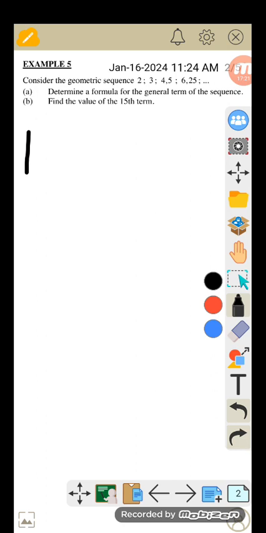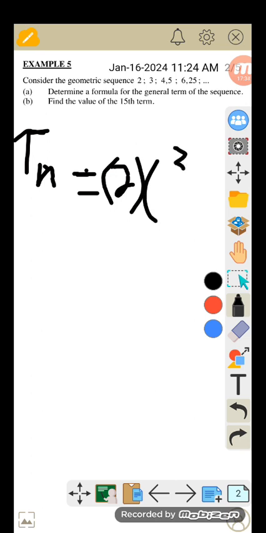Remember, our general formula is Tn equals 2 multiplied by 3 over 2 to the exponent n minus 1. Let me just write it properly so that it can fit here.